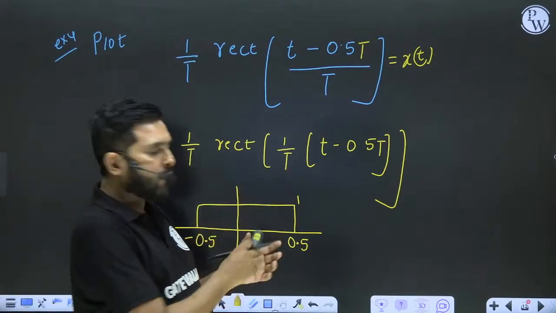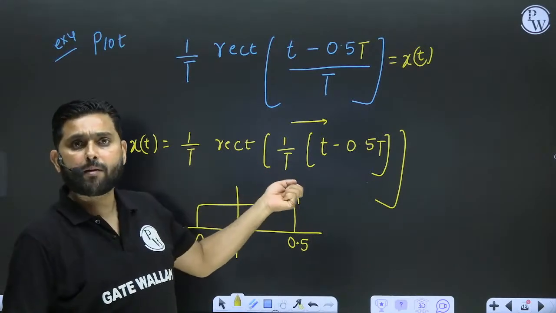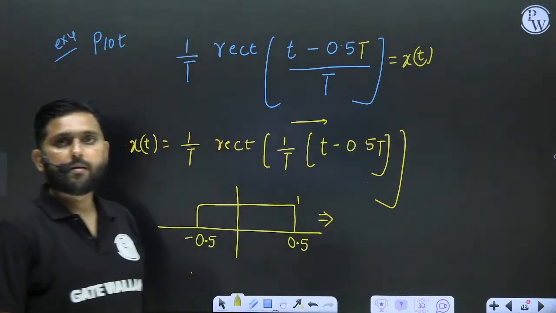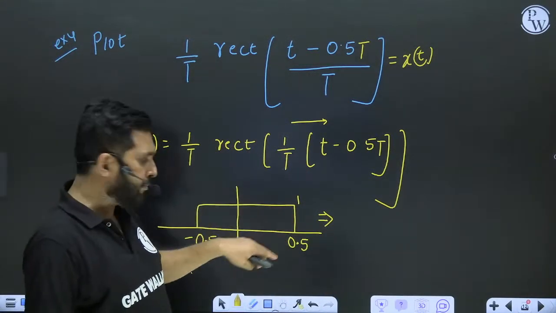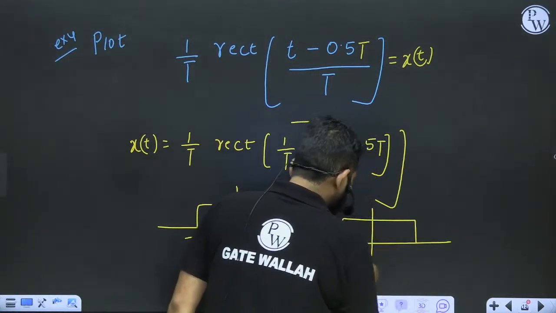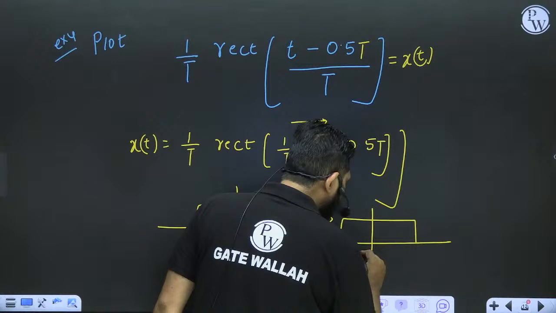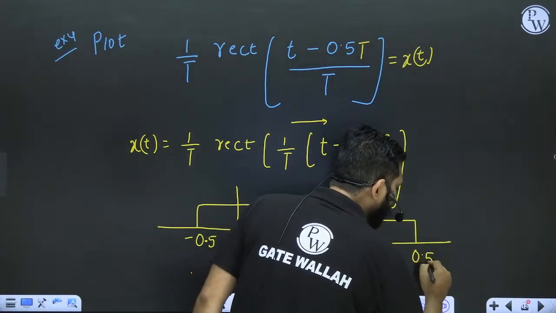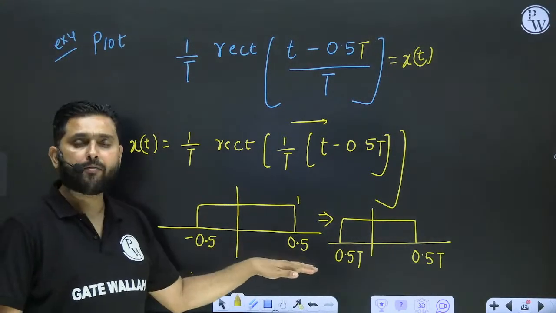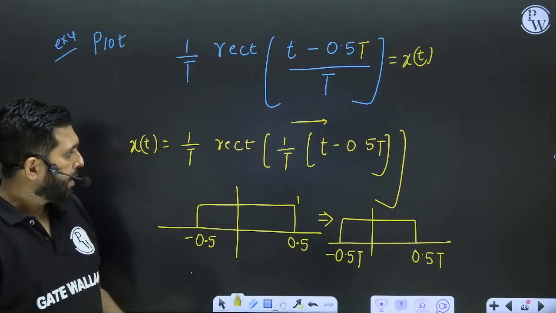First we will go this way. We have to divide it by 1 by T. When you divide it by the factor 1 by T, this becomes minus 0.5 T to 0.5 T. Now this is the scaling.